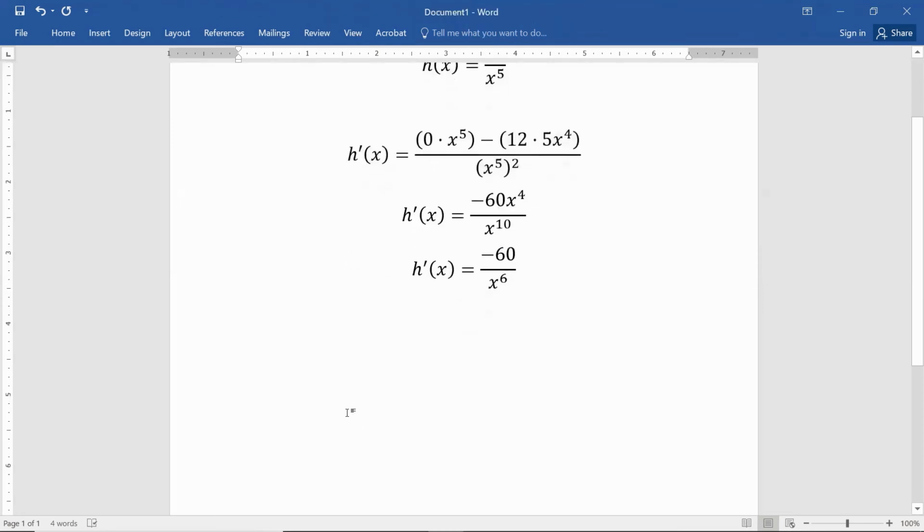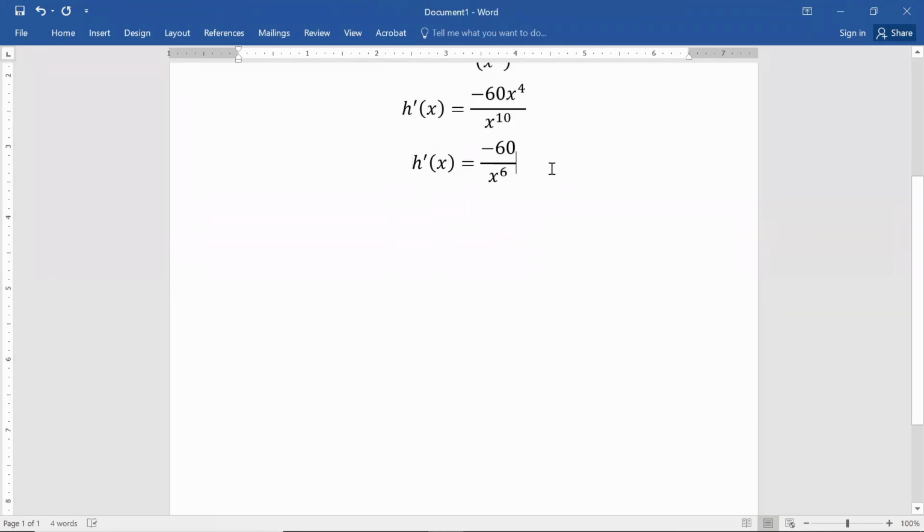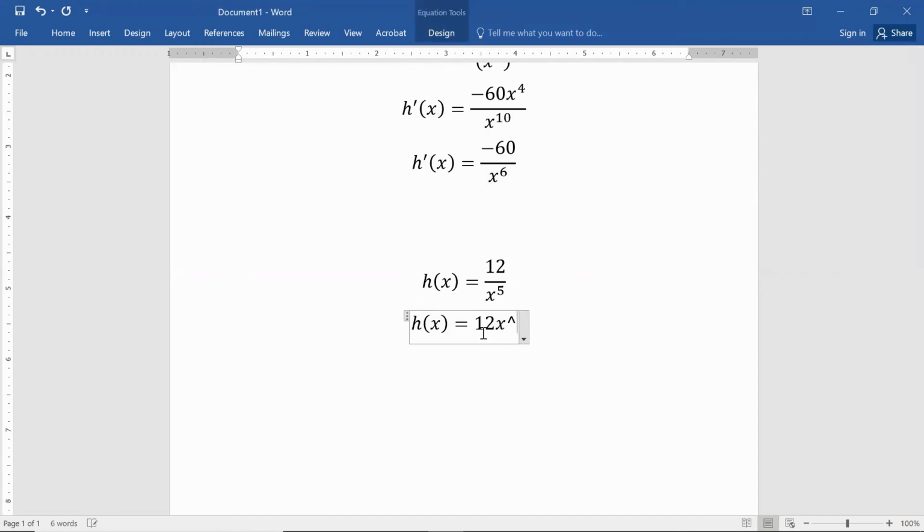What would happen if we algebraically manipulated this before we took a derivative? Well, it turns out that 12 divided by x to the 5th is the same thing as 12 times x to the negative 5th. If I take a derivative of that, I get negative 60 x to the negative 6th power.